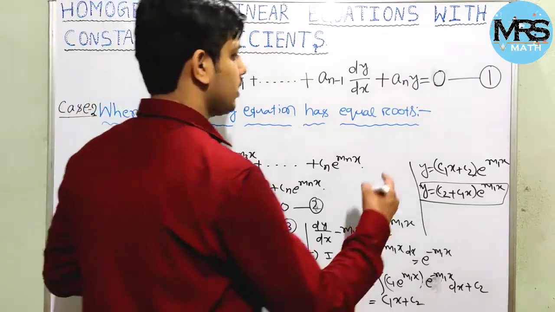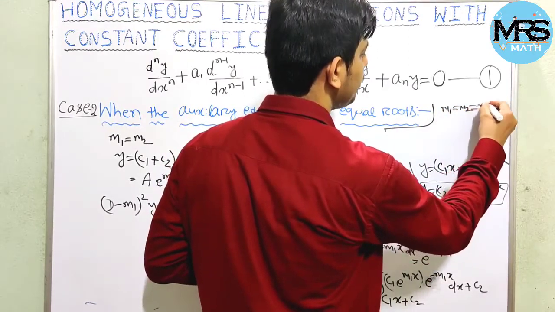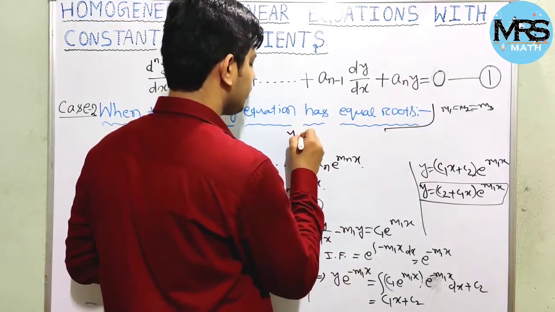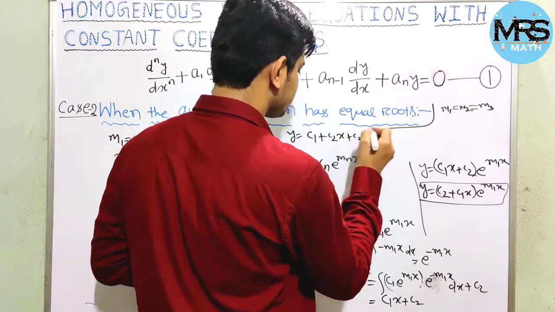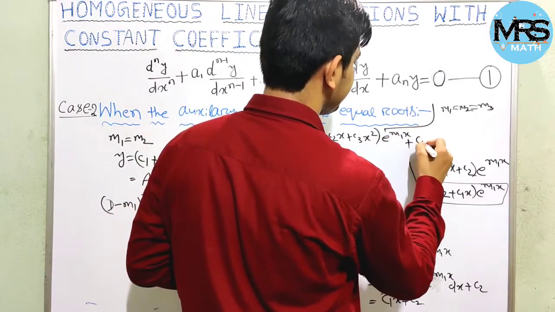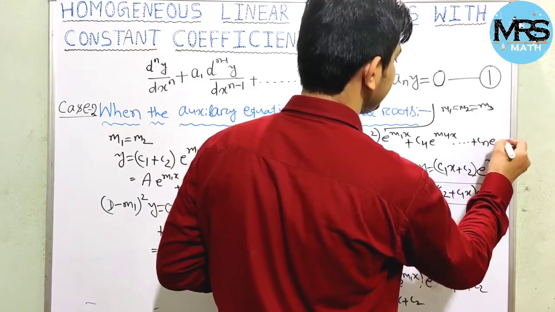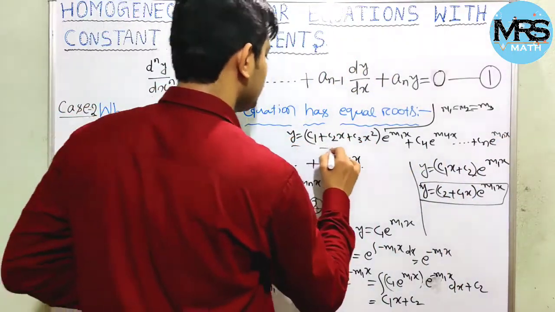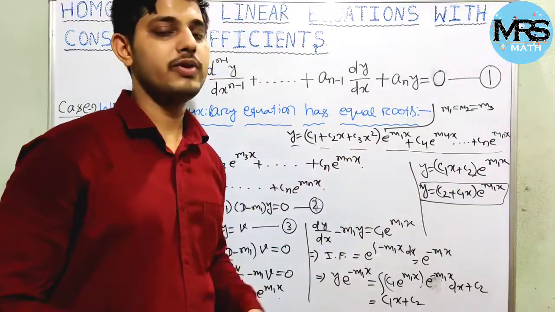If a root repeats 3 times, that is m1 equal to m2 equal to m3, let us say, then what will be the case? y equal to c1 plus c2x plus c3 x square, into e to the power m1x, plus c4 e to the power m4x, up to cn e to the power mnx. Similarly, if it is repeating n times, we can write in this way.